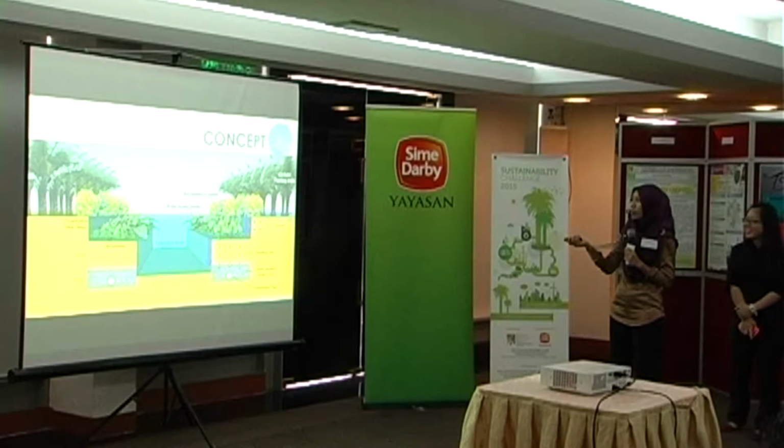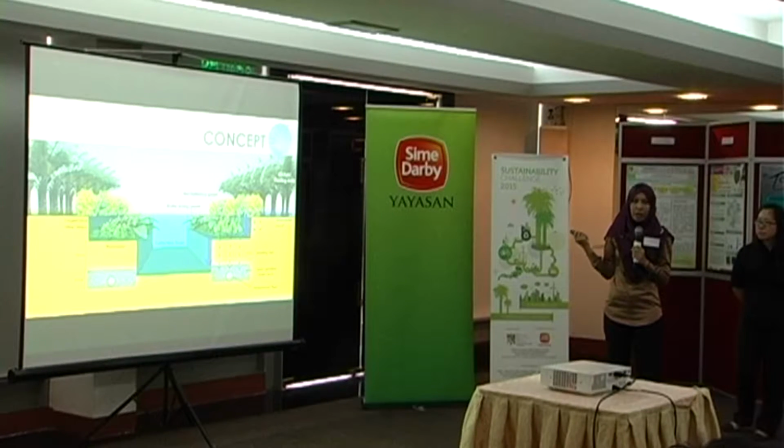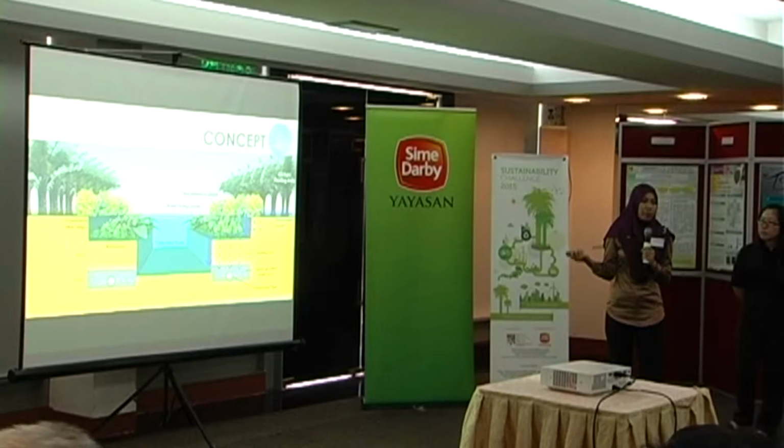For the VFS, we recommend beneficial plants because they benefit the oil palm trees, as they can provide shelter and attract predatory insects that feed on nettle caterpillars, rhinoceros beetles, and bagworms.